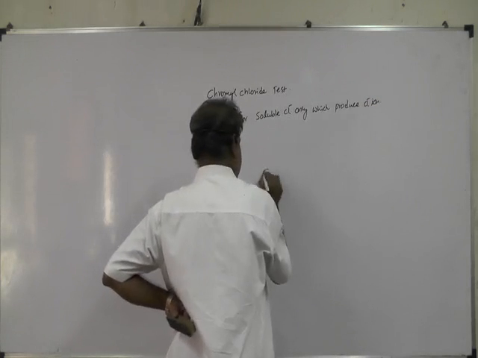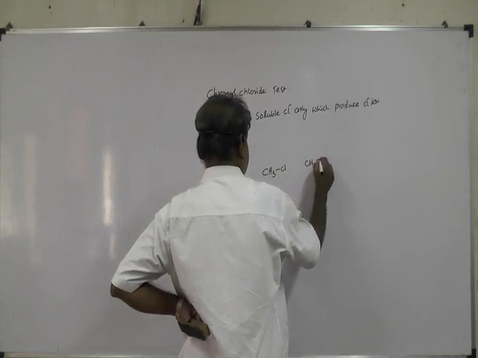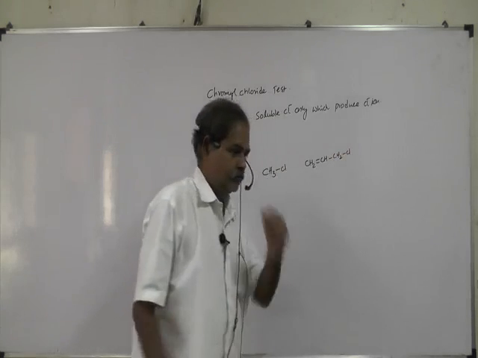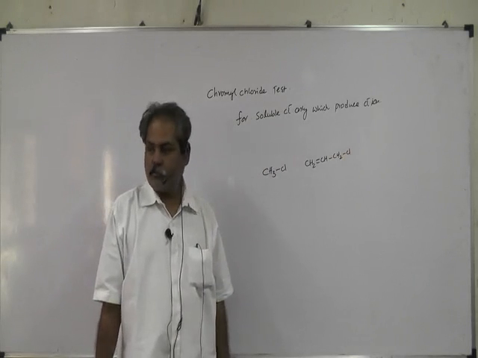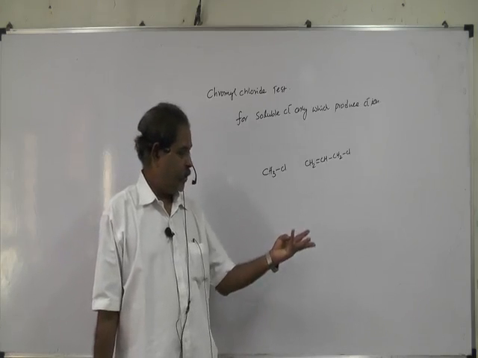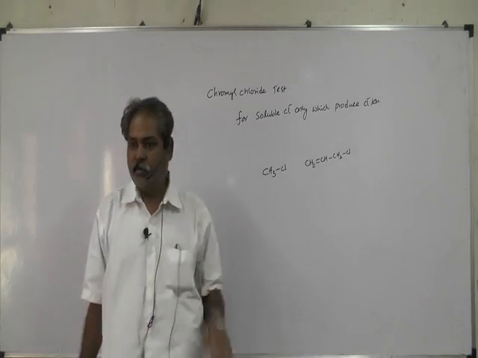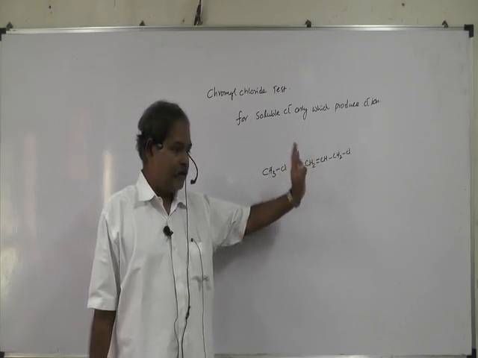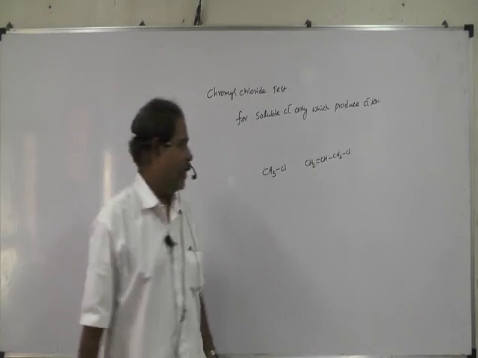Listen, which between these two give chromyl chloride test? Why? Allyl chloride ionizes in water. Tertiary allyl benzyl chlorides ionize in water and produce halide ions.